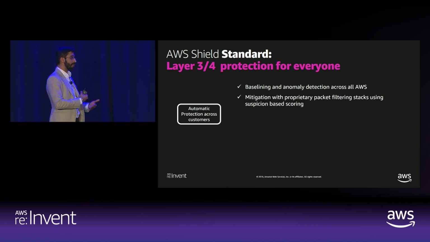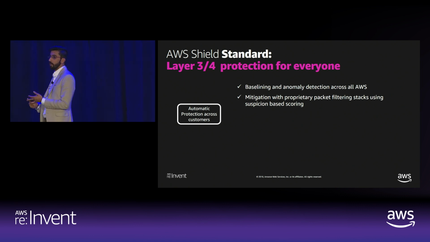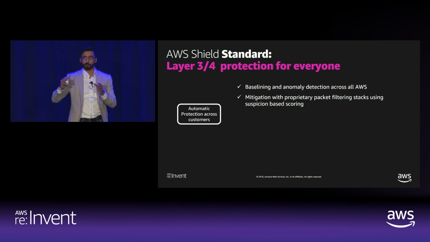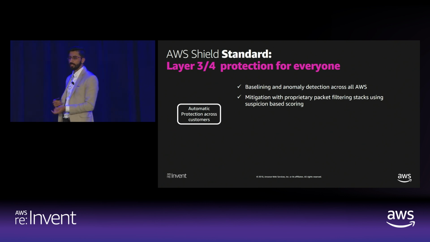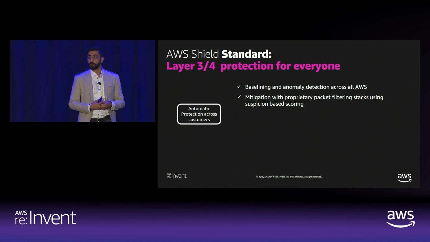This means that we're using heuristics-based anomaly detection to baseline traffic across AWS and then to look for anomalies that we don't expect on a CloudFront distribution or on a regional service, no matter what region that you're in. And then to mitigate it with a proprietary packet filtering stack that we call Blackwatch, that uses suspicion-based scoring to actually drop malformed packets on the network and transport layer.